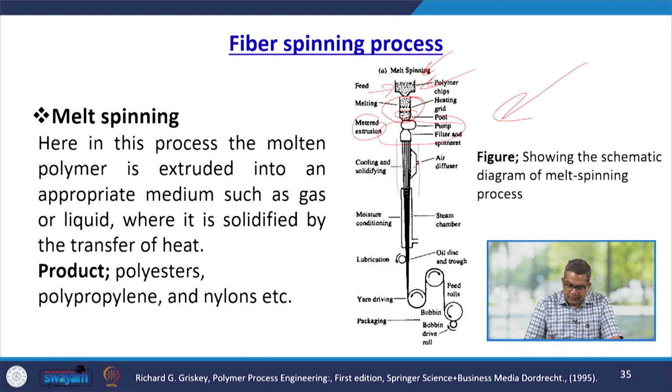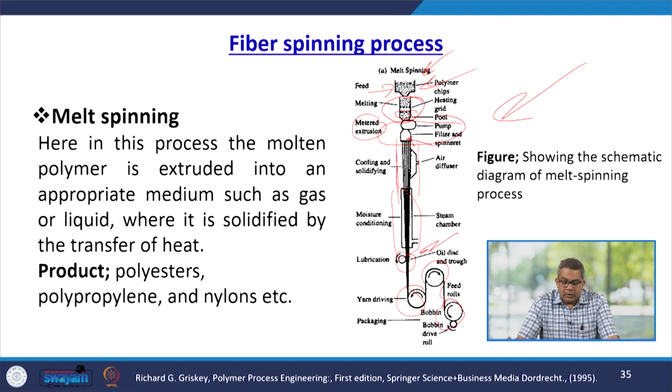Then this is the spinneret where we are forming the fibers, and then cooling, and apart from this moisture conditioning, then lubrication, just to prevent agglomeration once it is being rolled out. Then this is the oil dish through which a small quantity of oil is sprayed, then yarn driving, and in this way it goes to the winder for the rolling.